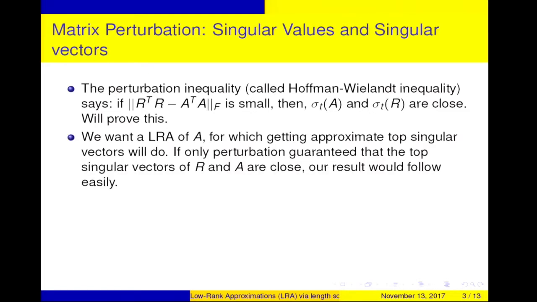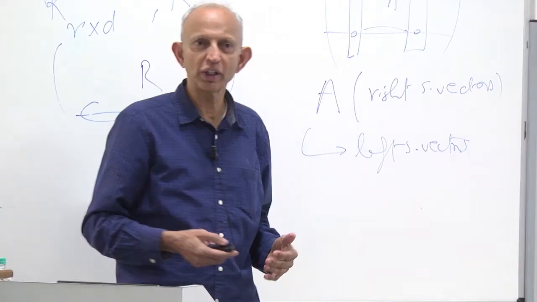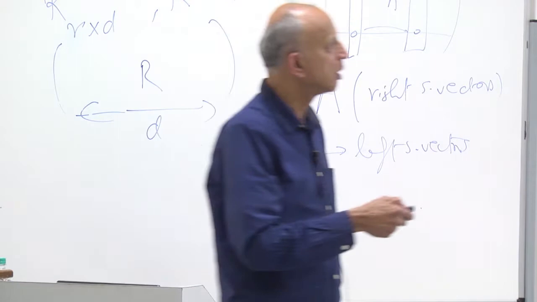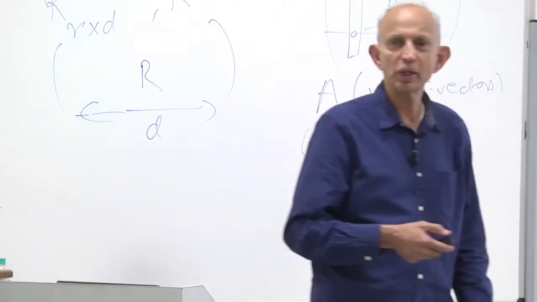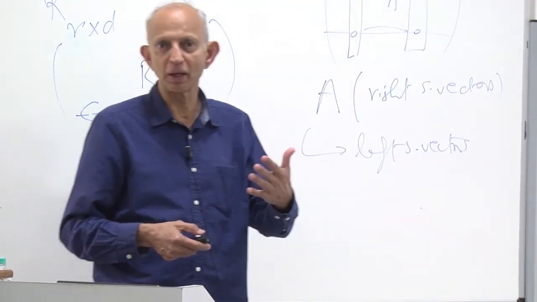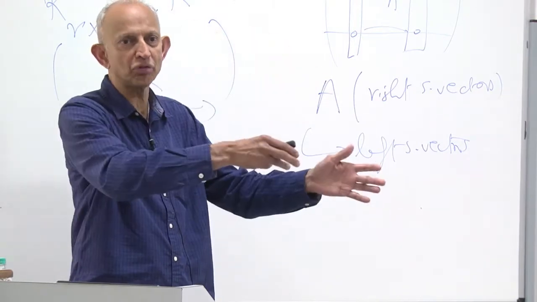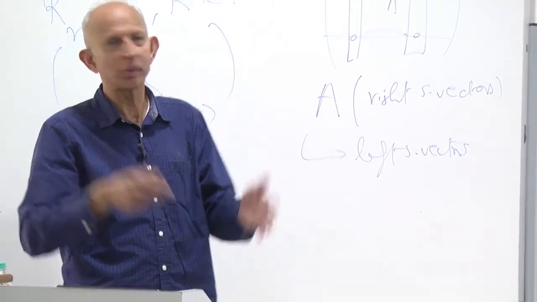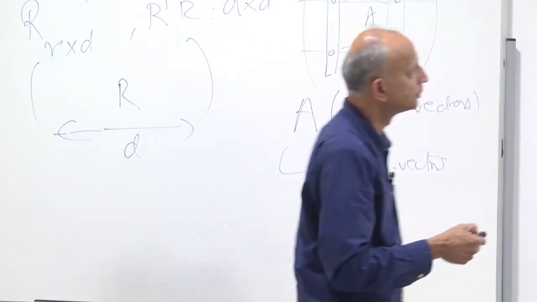So now you can ask, what about singular vectors, right? We really want a low rank approximation of A, and that would be possible intuitively if we get good approximate top singular vectors of A. If I get the top few singular vectors, may not be exactly, but approximately, that should be good enough to get a good low rank approximation of A. If I get them exactly, I get the best possible. If I get them approximately, I should get it approximately.